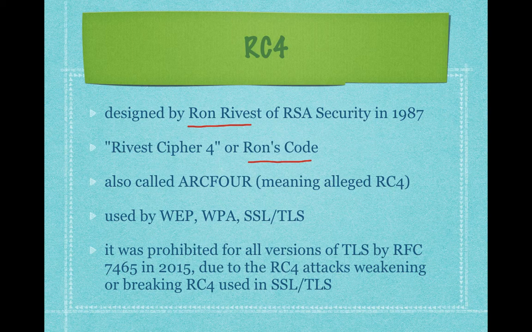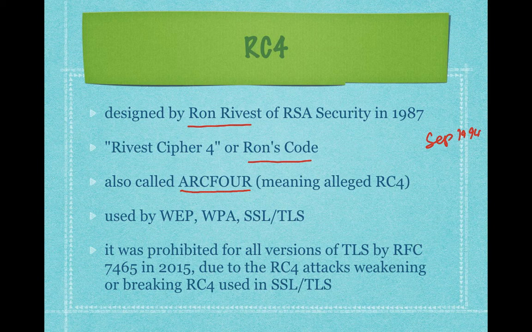When you look at some of the older documentation, instead of RC4, you will see the word ARCFOUR, or ARC4. The reason is, initially RC4 was trademarked and patented by RSA Security, and sometime around September 1994, the code of RC4 was leaked on a newsgroup, and initially RSA did not confirm that the leaked code was their own RC4 code.